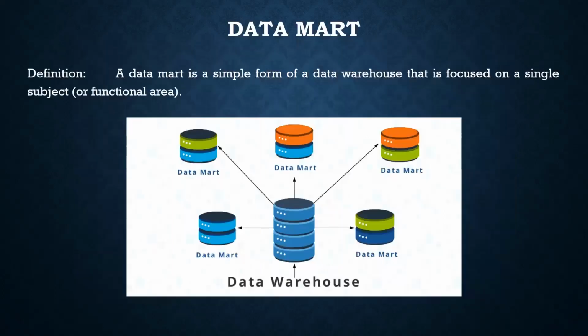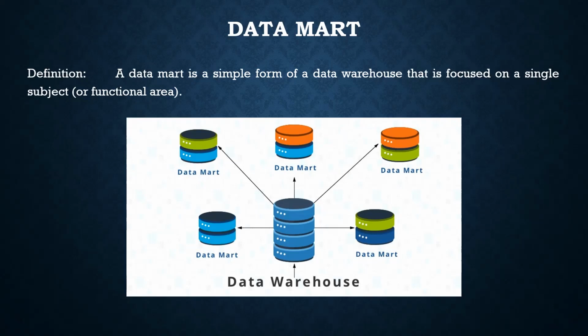So first, the definition related to a data mart. What is a data mart? As I already told you, a data mart is a simple form of data warehouse that is focused on a single subject. That means information related to students, or purchases of cars, or purchases of bikes, that is, sales of cars, sales of bikes.